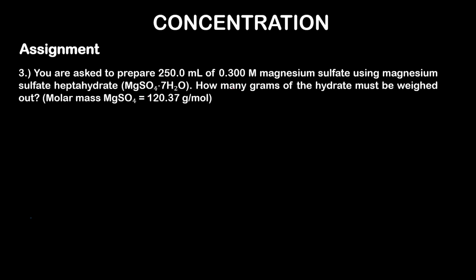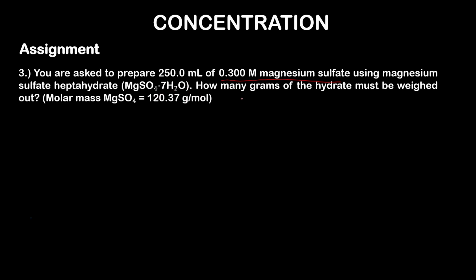We are asked to prepare 0.300 molar magnesium sulfate, but we are starting not with magnesium sulfate, but with another reagent called magnesium sulfate heptahydrate, which when dissolved will eventually become magnesium sulfate. This is just its hydrated form. This is pretty common in the lab because most reagents are hydrated.